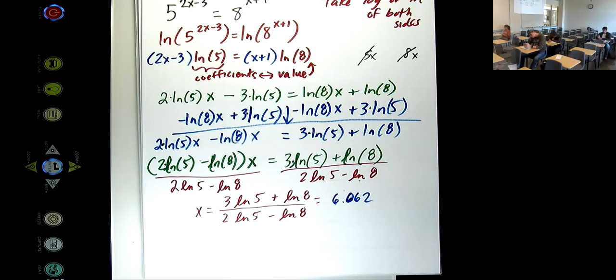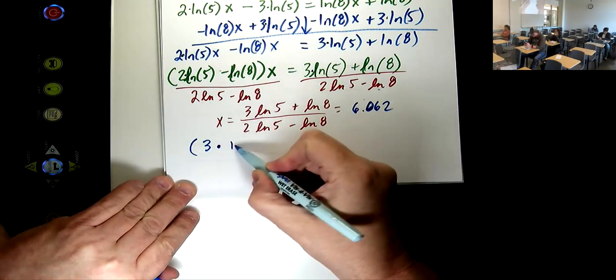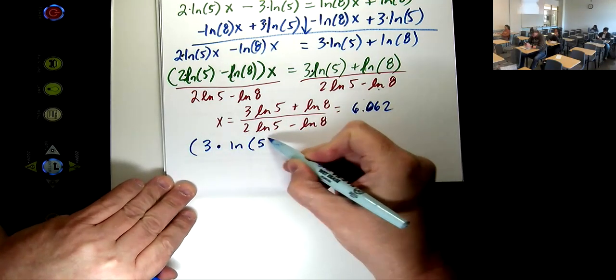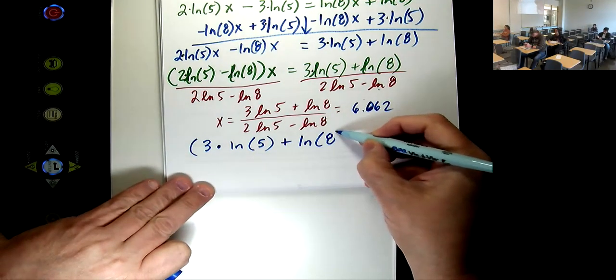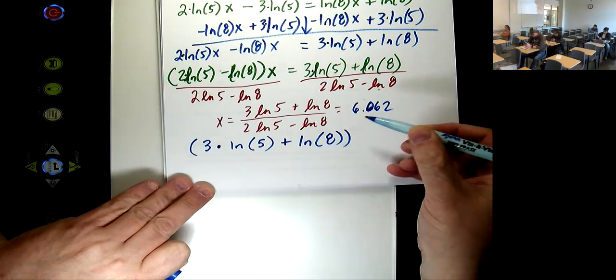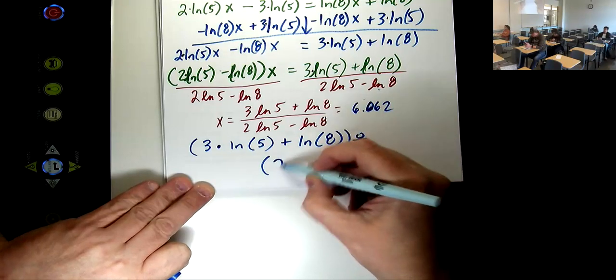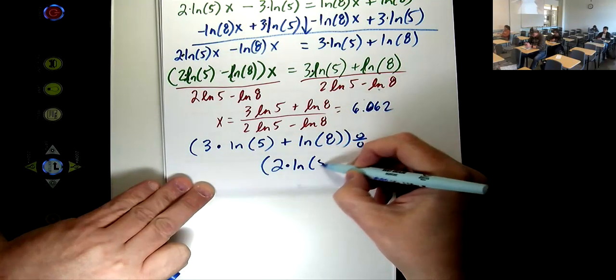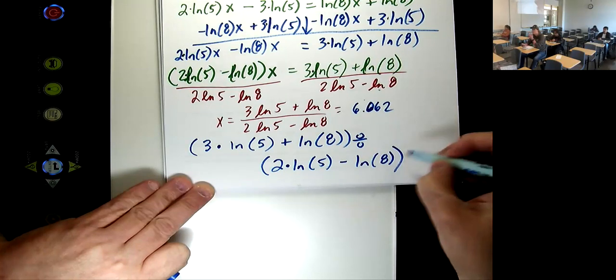It might be easier to do them one at a time and write down the top and the bottom separately. When I put it in my calculator, I did parentheses 3 times natural log parentheses 5 parentheses plus natural log parentheses 8 parentheses, end parentheses. And then I hit divided by, and I did another parentheses 2 times natural log parentheses 5 minus natural log parentheses 8, and then end parentheses.